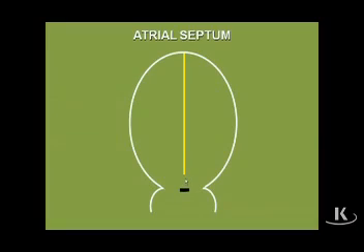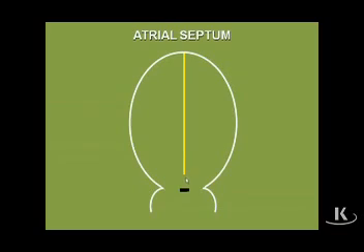But if that were to occur at this stage of the game, that would mean we will have completely separated the atria, which means the embryo would die, because we can't completely separate the atria. So what's going to happen is the following. In fact, septum primum will continue growing down, and it will meet with the endocardial cushion, and they will fuse. But before that happens, another opening will form.